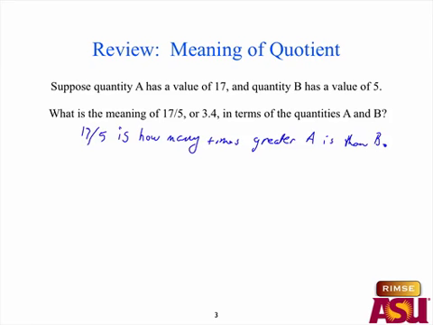Then the other thought that was talked about earlier was how many of the quantity B would fit into A. That's the idea of 17/5.